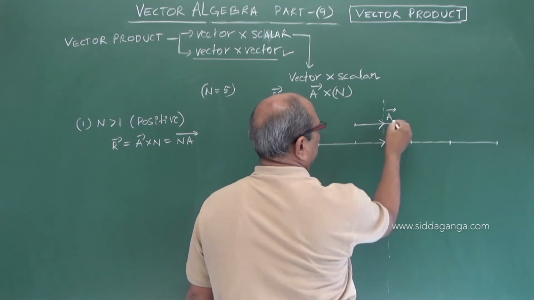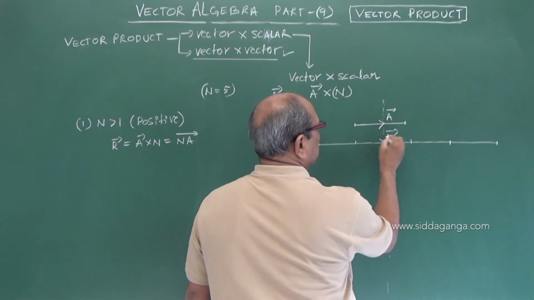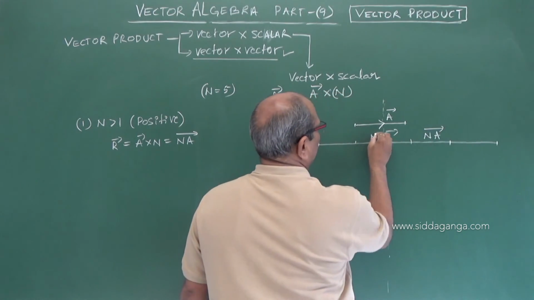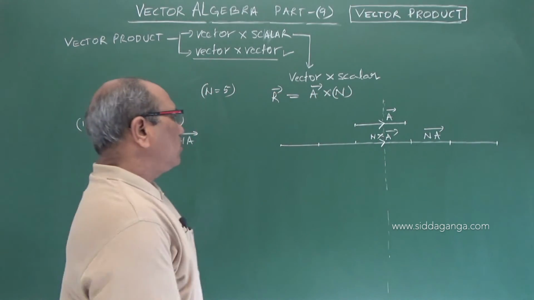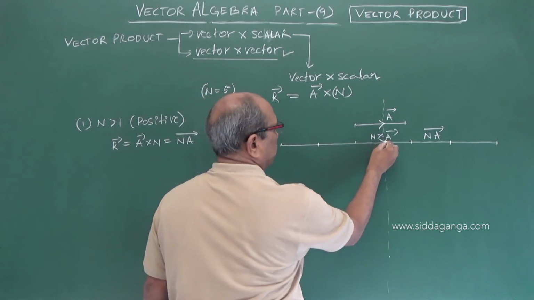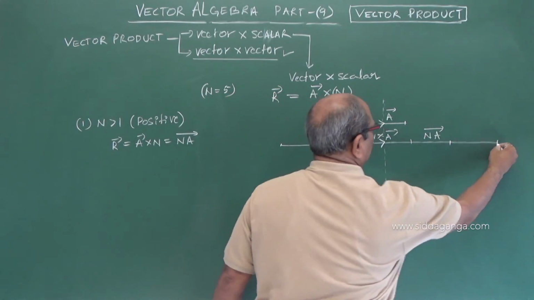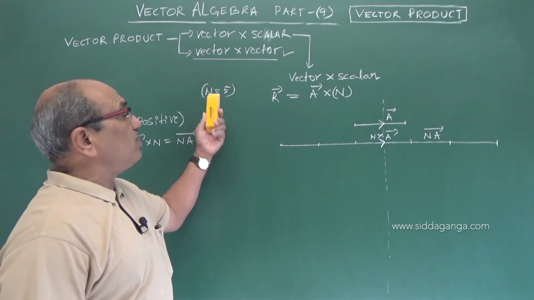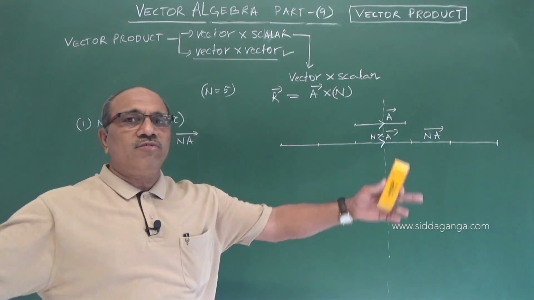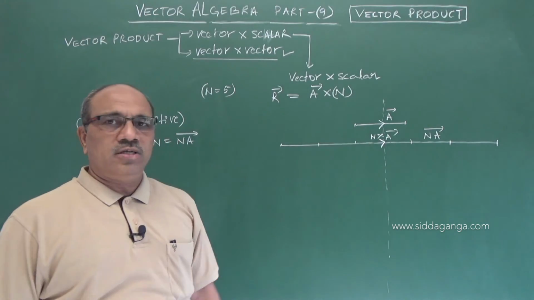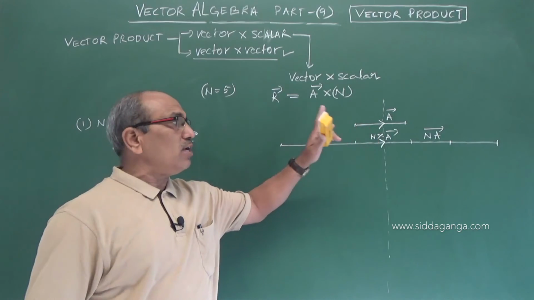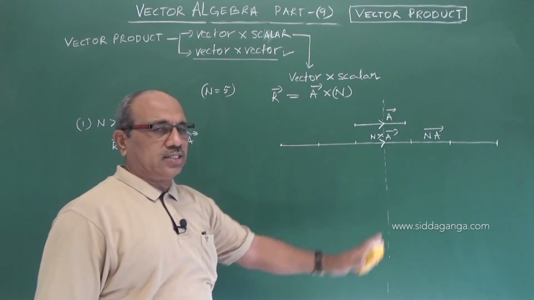This is the original vector A. Now this vector becomes nA when multiplied with n. Now you are seeing the large magnitude of this. The magnitude is increased depending upon the value of n. Larger and larger as the value of n increases, but the direction is the same. In this case you are seeing only the magnitude is increasing with the same direction.